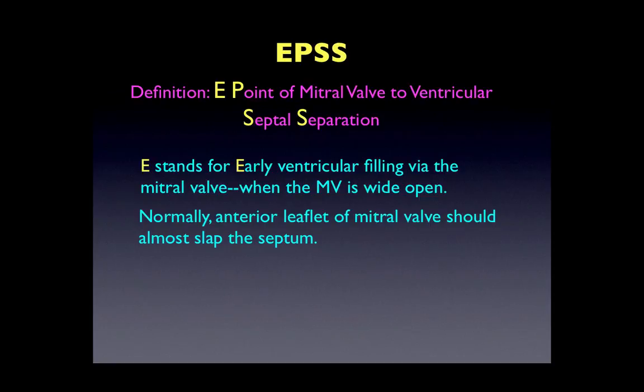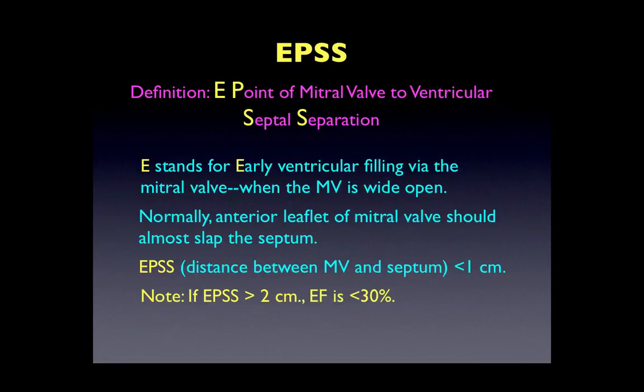Normally, the anterior leaflet of the mitral valve should almost slap the septum, and there should be very little space. In fact, the distance between the mitral valve and the septum, the EPSS, should be less than 1 centimeter. If it's greater than 2 centimeters, for example, the ejection fraction is considered to be less than 30%.